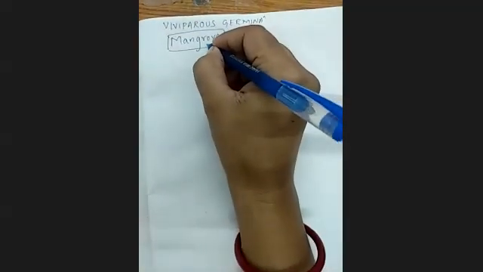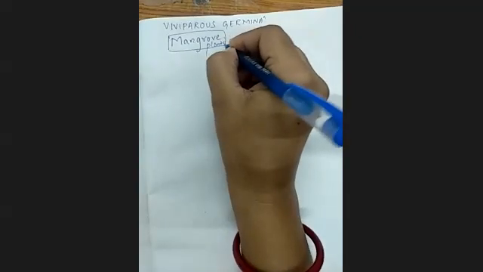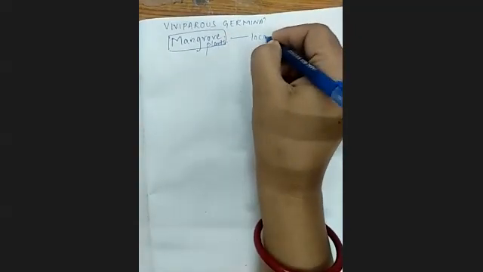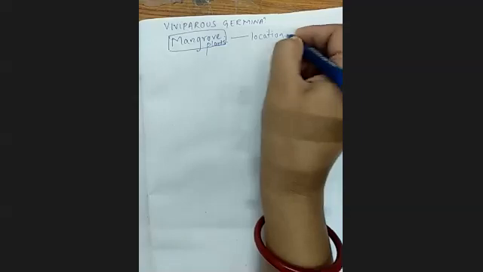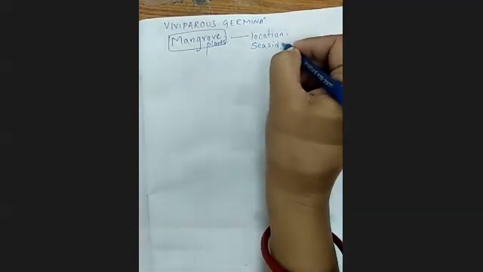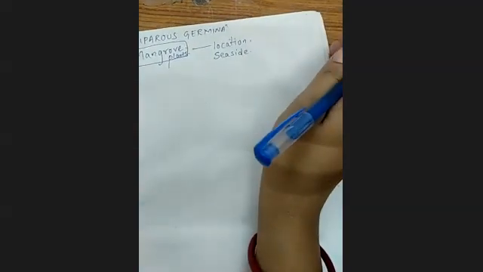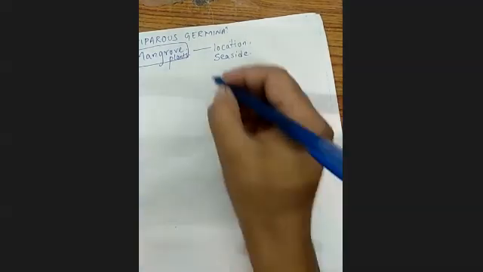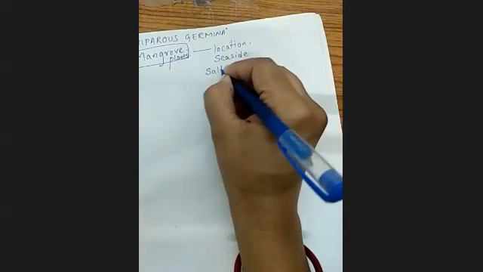Why are they different? First of all, because of their location. These are a group of plants, and their location is basically on the seaside, on the beaches, or where very salty water is present.